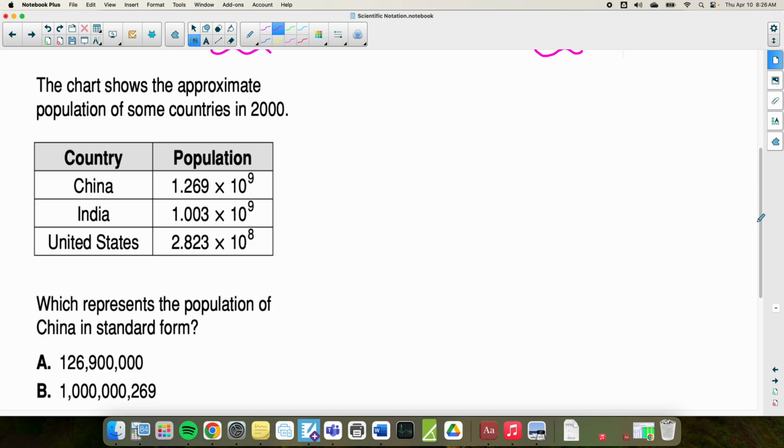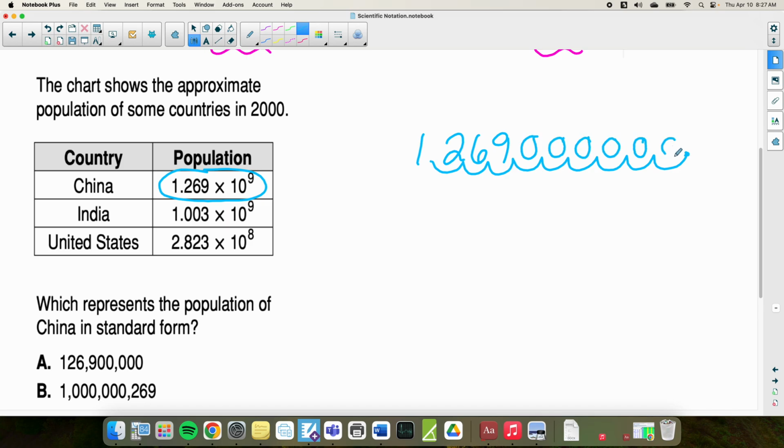So this one says, which represents the population of China in standard form. So I have 1.269, and I want to move the decimal 9 spots. Since it's a big number, do you guys agree we're just going to add a bunch of zeros? So we go 1, 2, 3, 4, 5, 6, 7, 8, 9, and in these spots I add zeros.